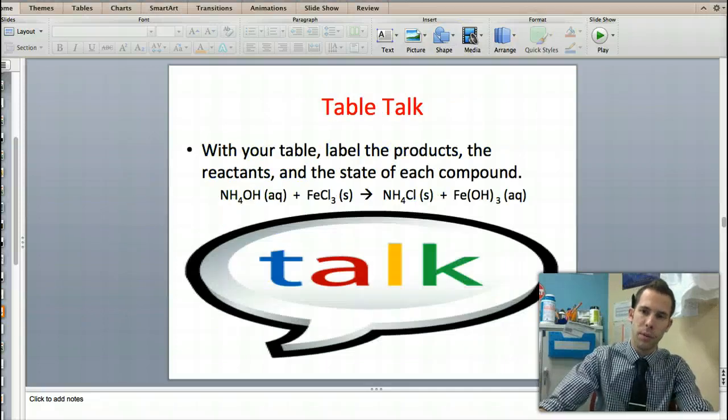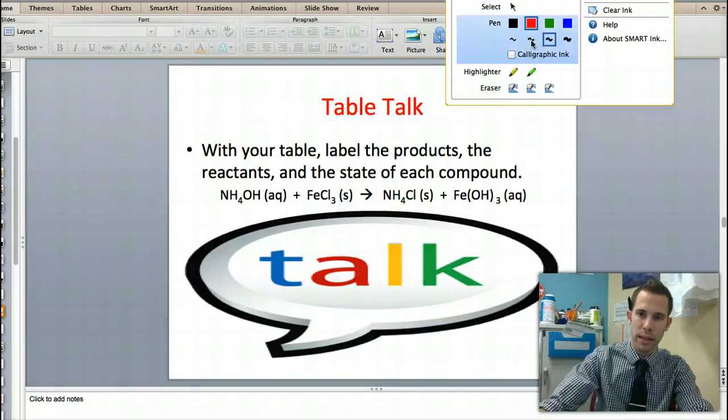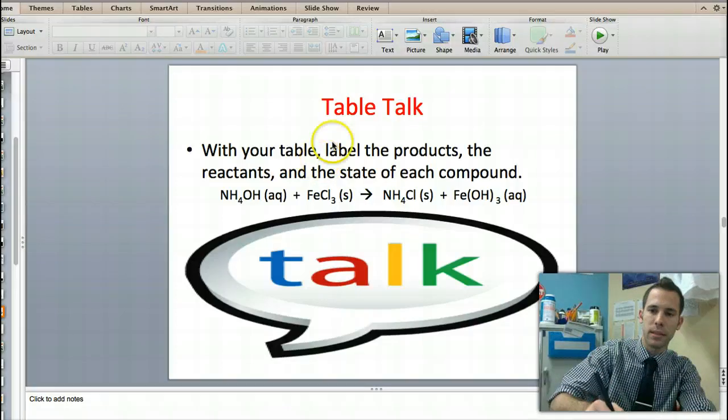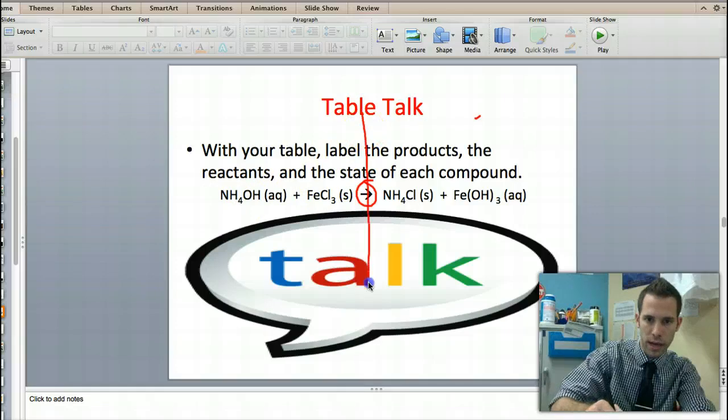So let's go ahead and label the reactants and products in this equation below. Well, we remember that reactants are the ones that are reacting. And so we see this arrow right here, and we can split the equation right in half. So this group right there is going to be my reactants, because that is what is going to react. And when they react, they are going to form the products.